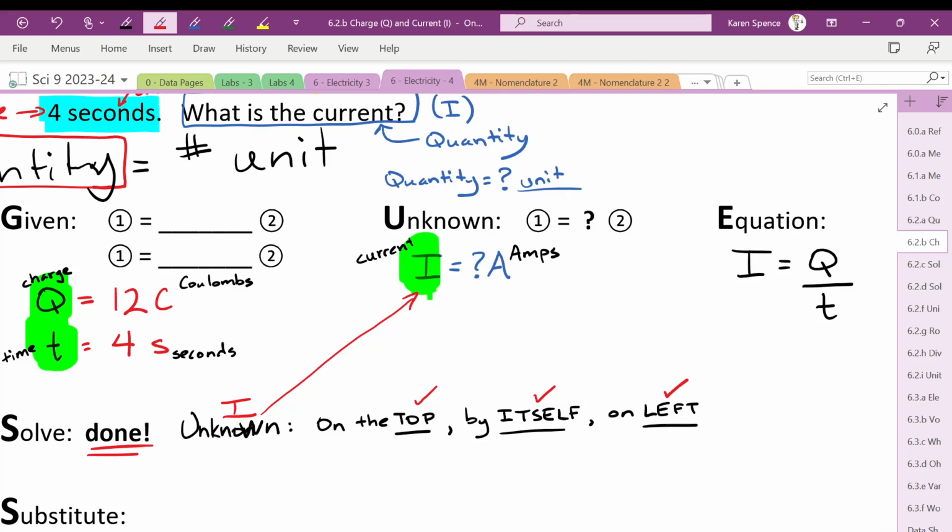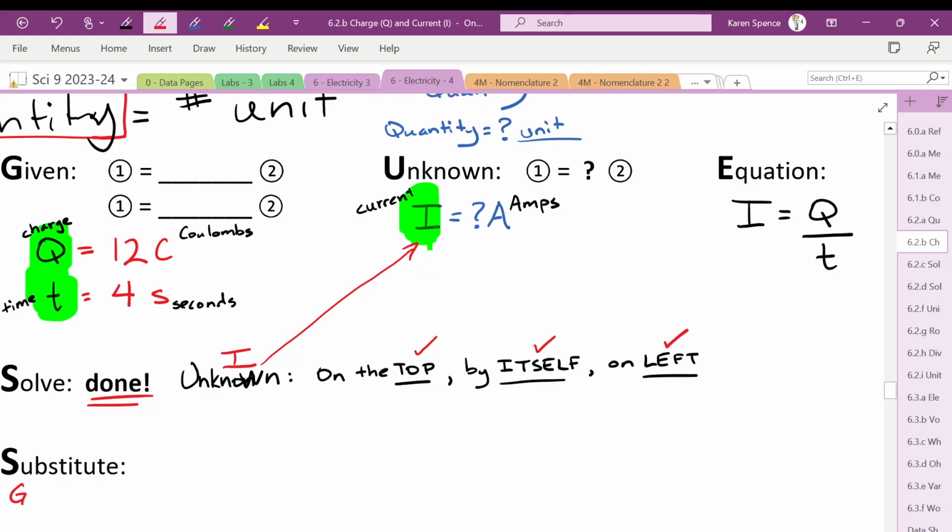The second S, that's our third S, the second S stands for substitute. We're going to substitute the givens into the equation. So we're going to take I is equal to Q over T. We're going to rewrite it down here so we have room. And then instead of writing Q, we're going to write whatever the value and unit for Q are. What are the value and unit for Q?